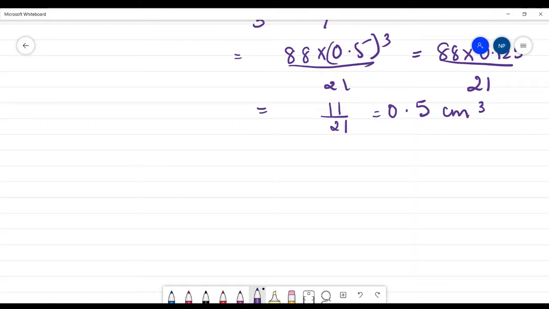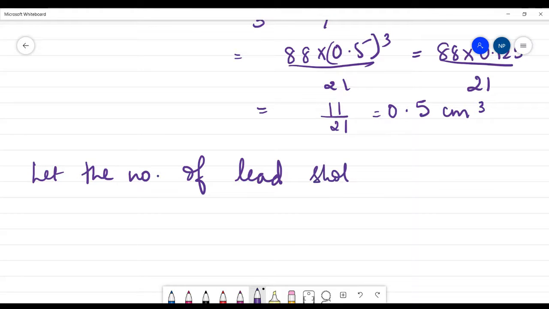Now, it is given in the question that when spherical lead shots are dropped in the vessel, one-fourth of the water flows out. So let the number of lead shots be n, because we don't know how many lead shots can be dropped. So let it be n.